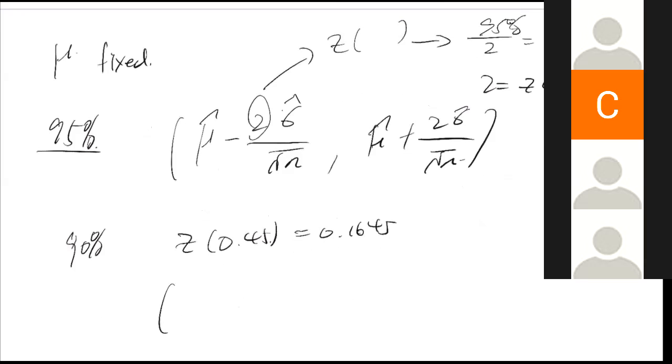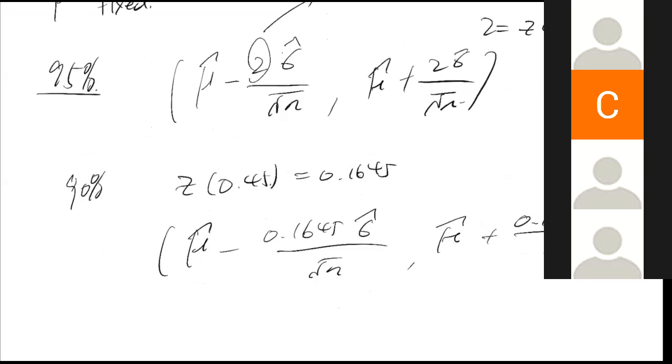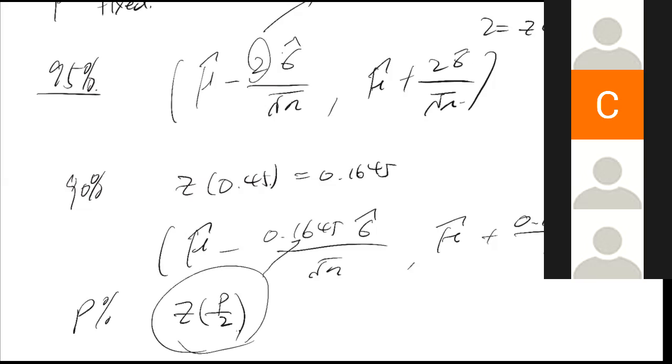So the 90% confidence interval becomes mu minus 1.645 times sigma divided by square root of n, to mu plus 1.645 times sigma divided by the square root of n. And you can do your own confidence interval: you just take the percentage p and divide it by 2, find the z-score for that, and use it as this constant here, and you will find your own confidence interval.